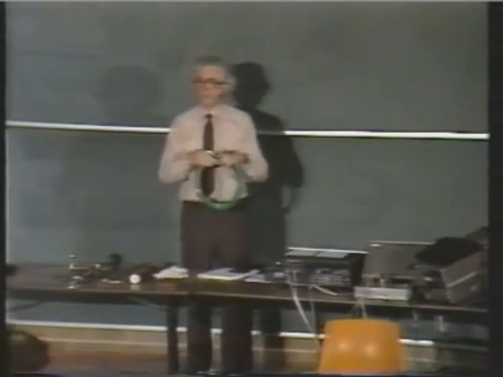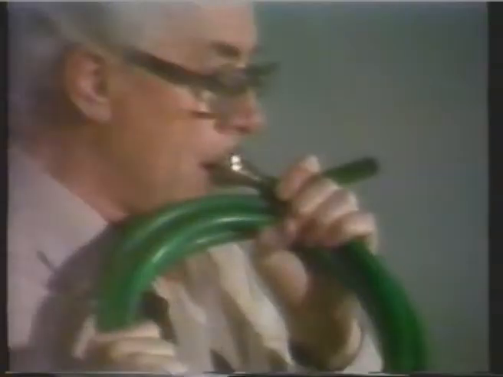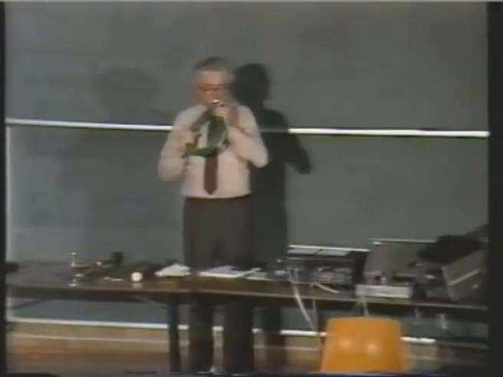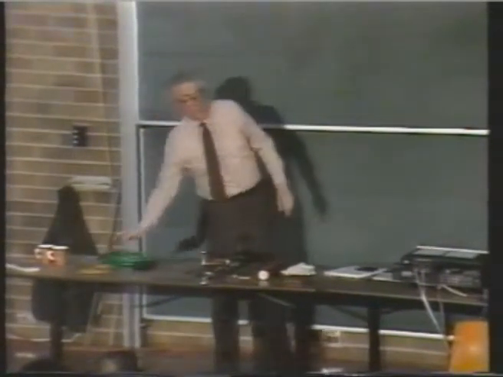All I'm going to do is to change the pattern of vibration inside the pipe. And we can get a whole sequence of notes simply by changing the pattern inside the pipe.